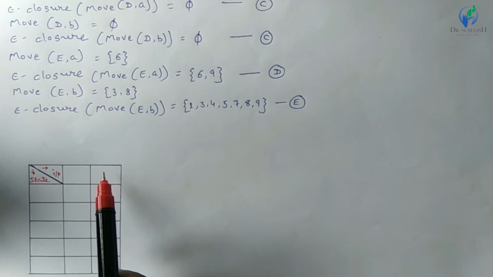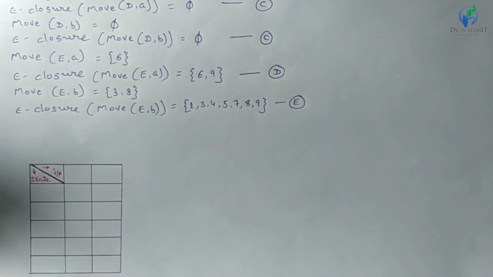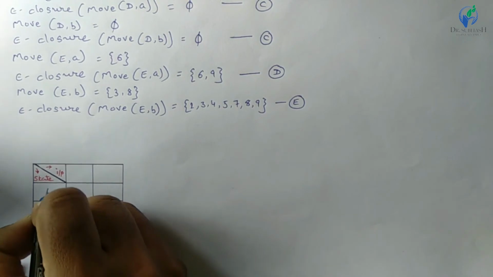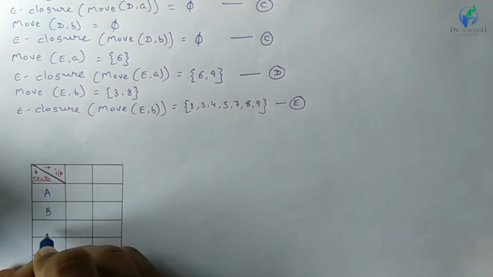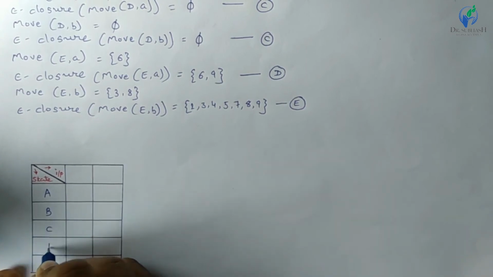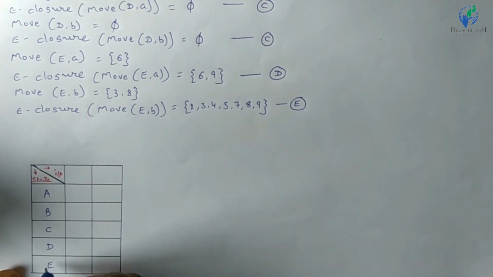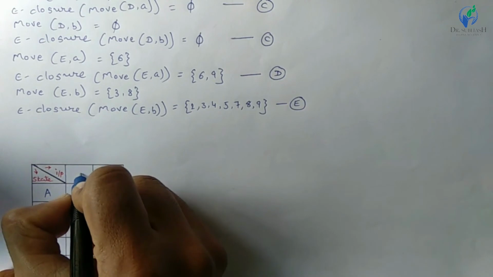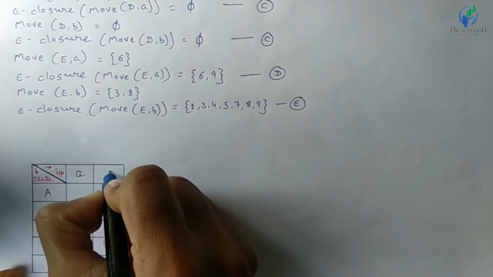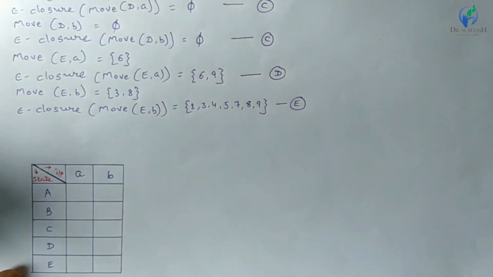In this example, we derived 5 states, which are A, B, C, D, E, and there are 2 input symbols, A and B. So write down the total number of states and input symbols.